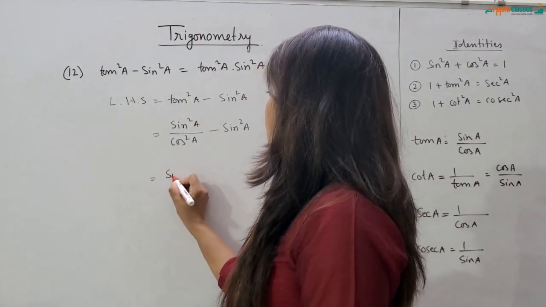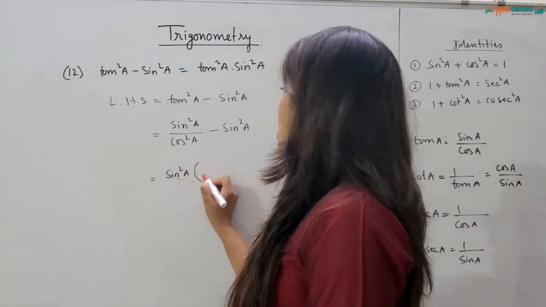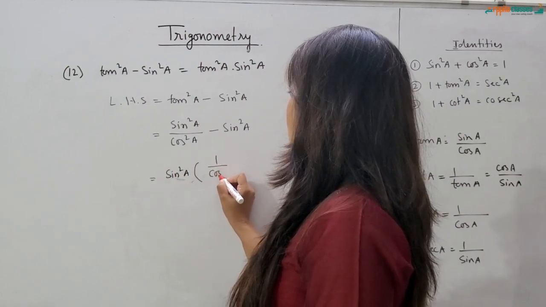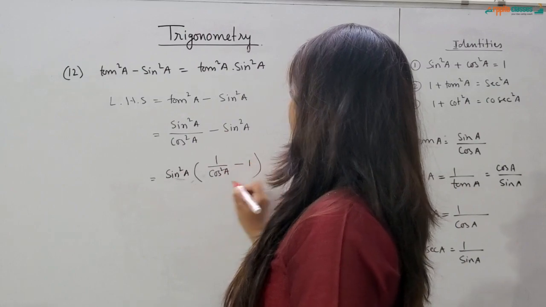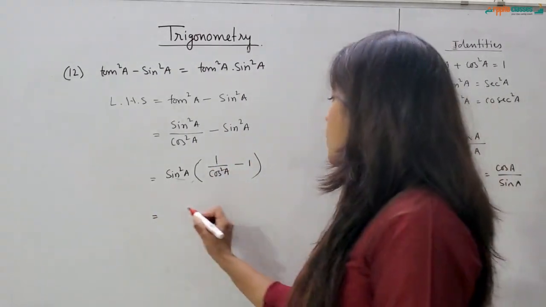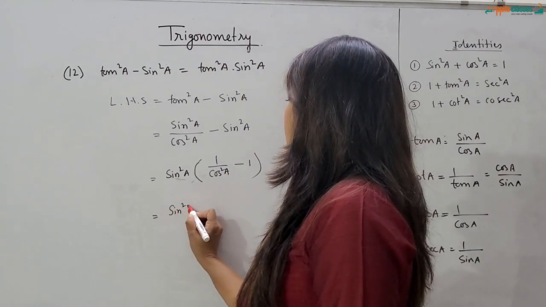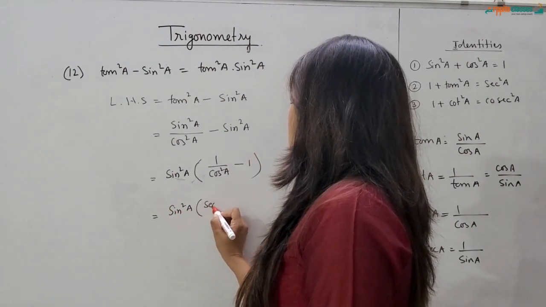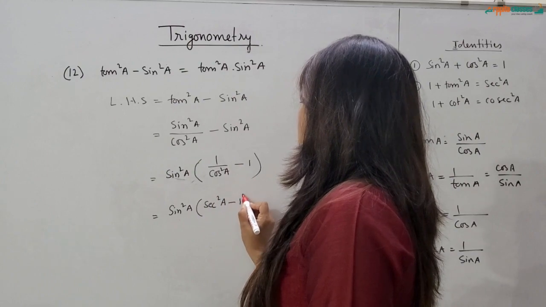So if I take sine square A common, I have 1 upon cos square A minus 1. Now 1 upon cos square A can be written as sec square A. So it is sine square A whole into sec square A minus 1.